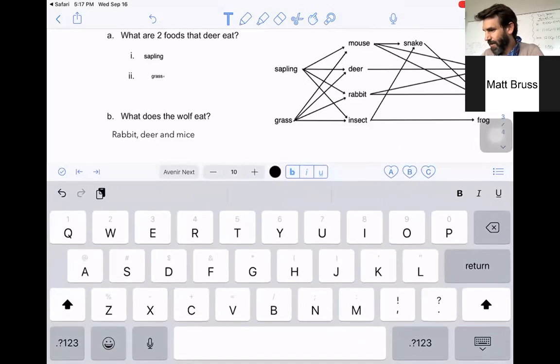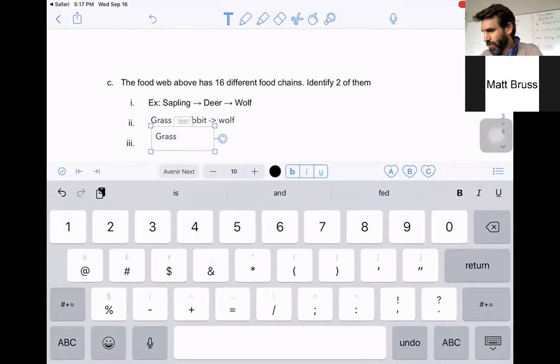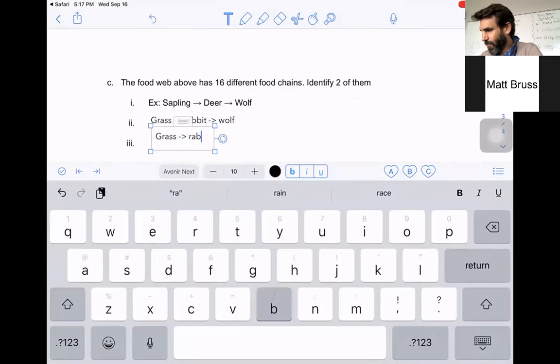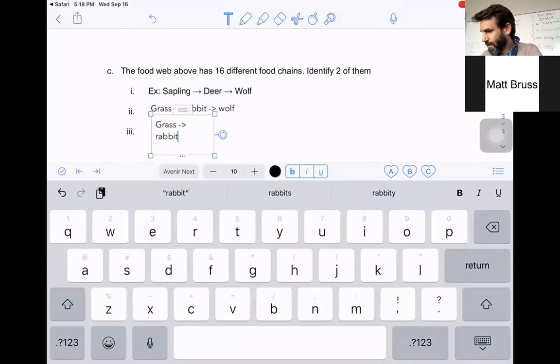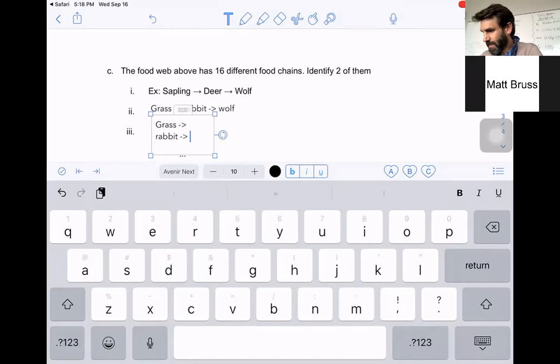in here, and I can say grass to rabbit to, I don't have the thing, to snake. Yeah, there we go.